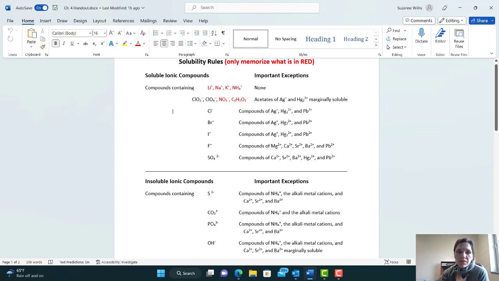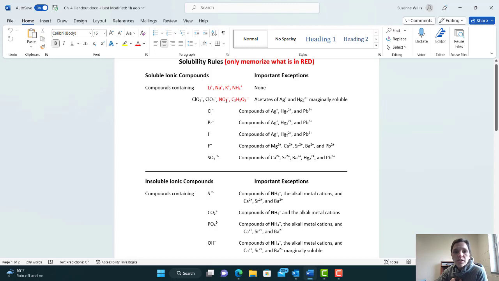At the top portion of this sheet, these are the soluble ions. These are ions that make a compound soluble. For example, any compound with lithium: lithium chloride, lithium phosphate, lithium fluoride, lithium nitrate. If there is lithium present, you are soluble, no exceptions. See that? Sodium, soluble, no exceptions.